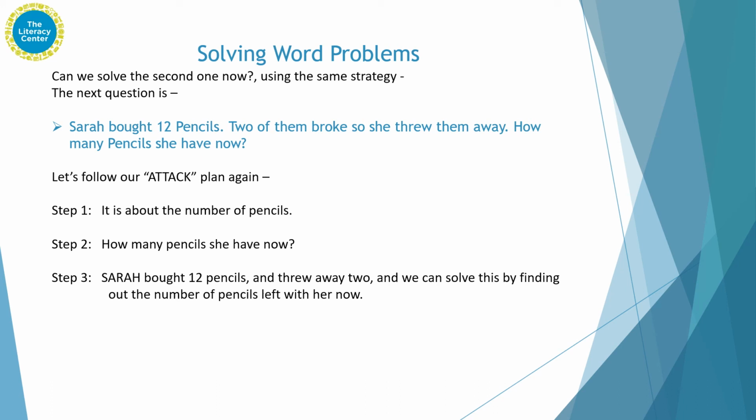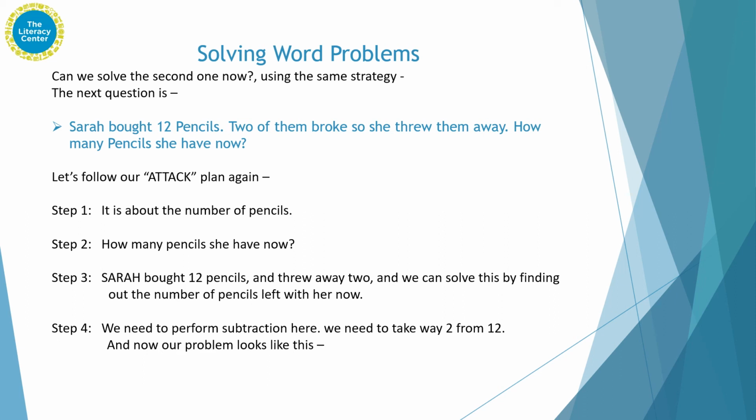So in the next step, we will try to understand what operation we can use to solve this. So we need to perform subtraction here. We need to take away 2 from 12. So when you write this as a mathematical expression, what would it look like?